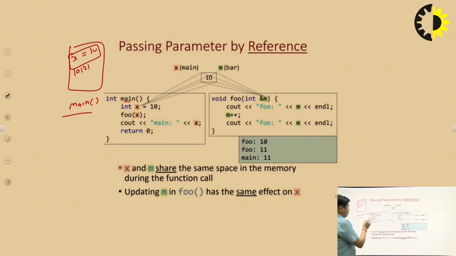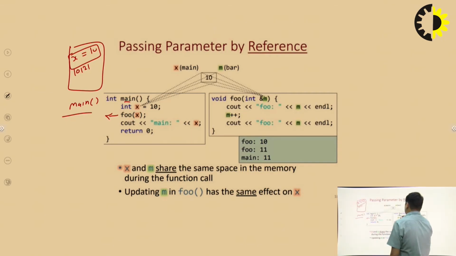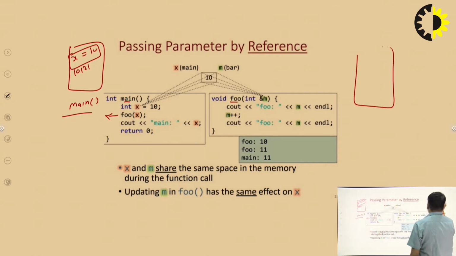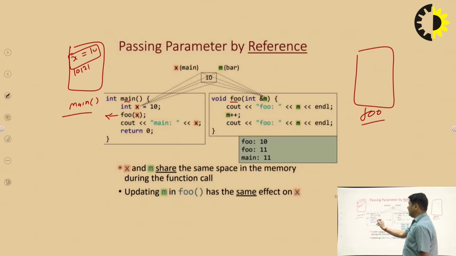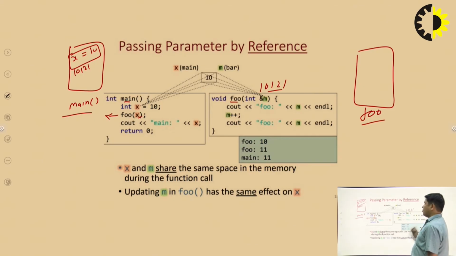Again I am calling this function. You will see here when I am calling this function, the block for bar will be created, but at that time the value of x is not transferred, rather we are passing the address. What is the address of this location of x? 10211.